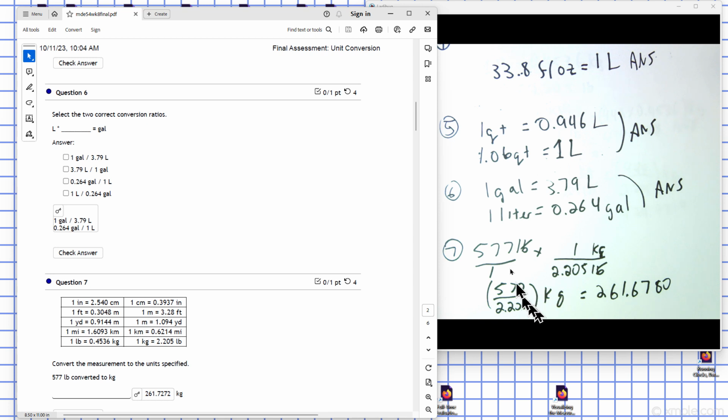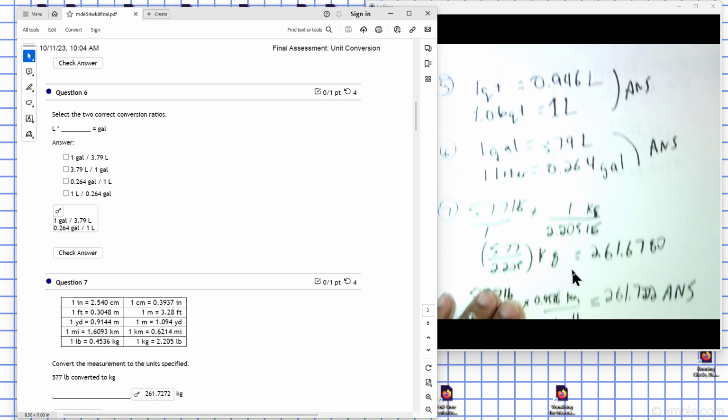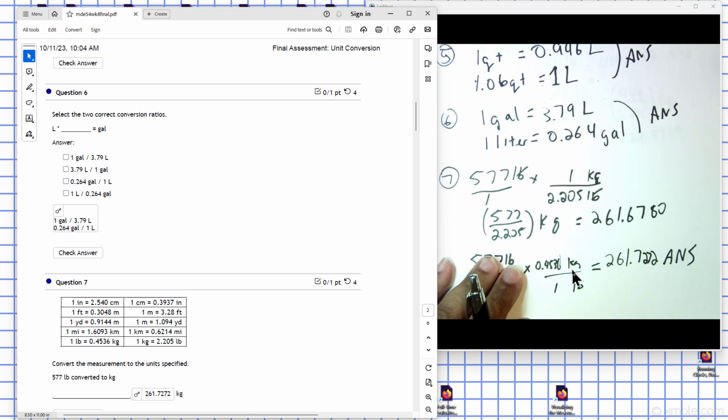Okay. For this one here, I use the conversion rate 1 kilogram. I use 2 conversion rates, and one of them gives me the right answer. So slightly different answer there. And this one gives me a dead on answer.